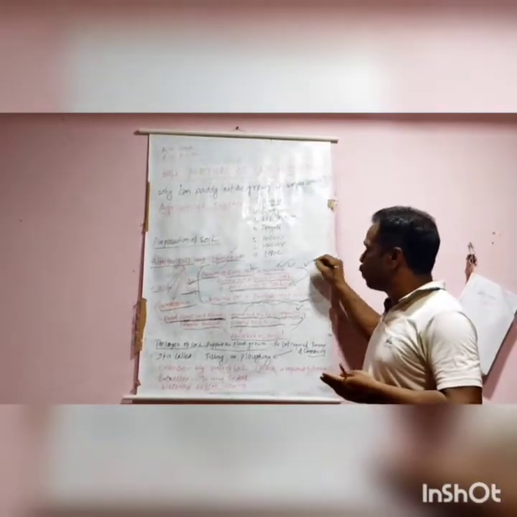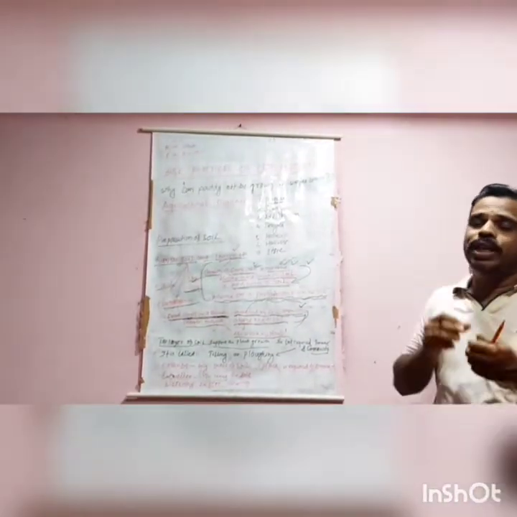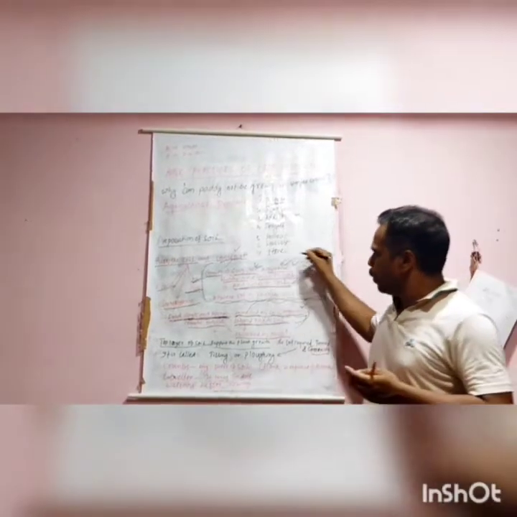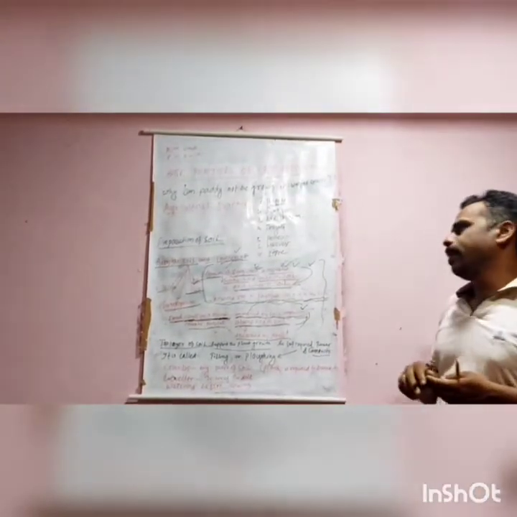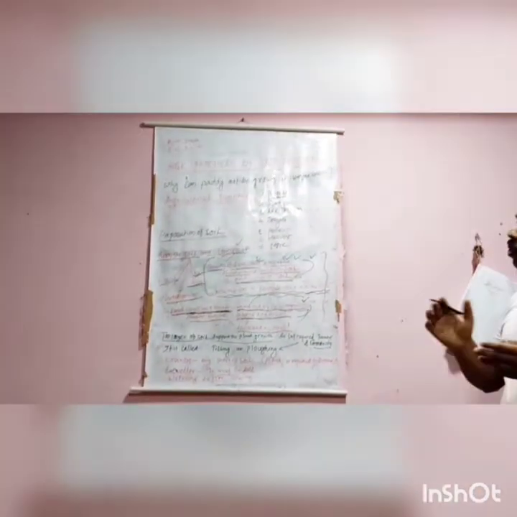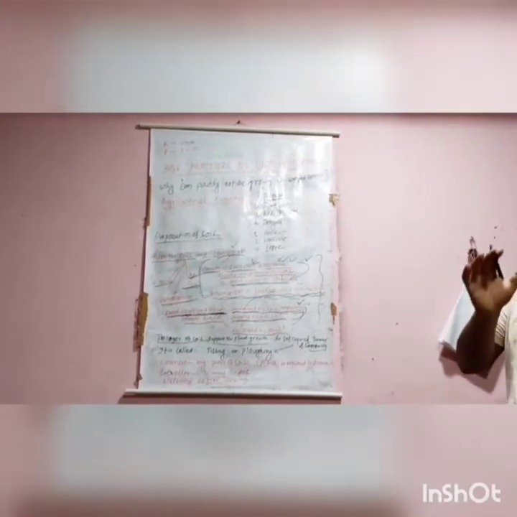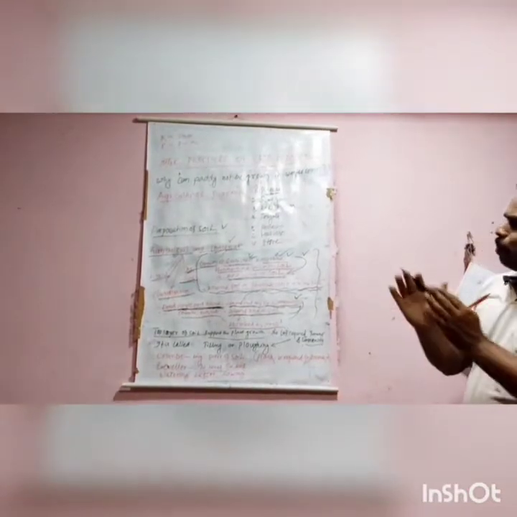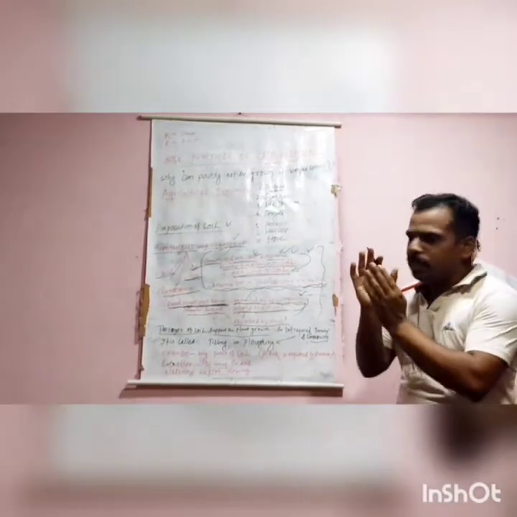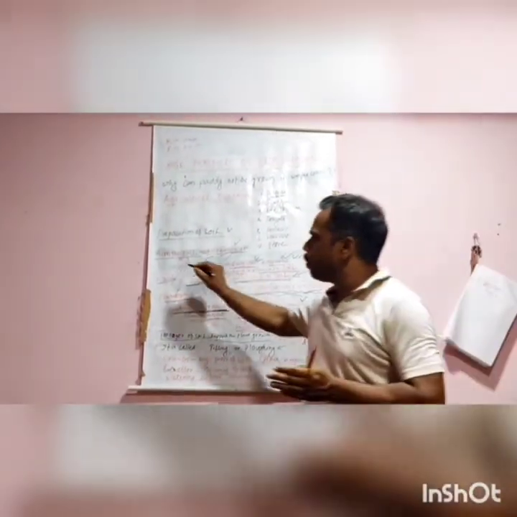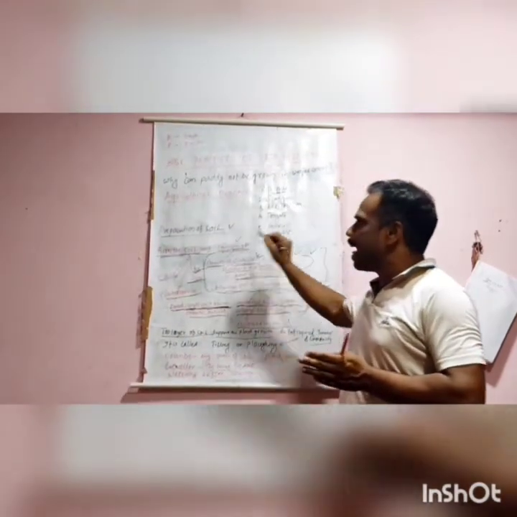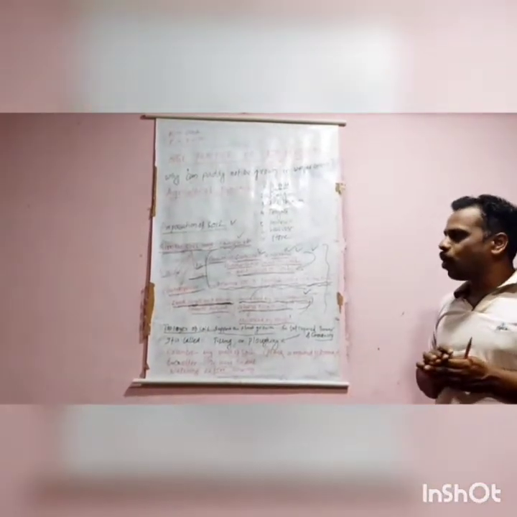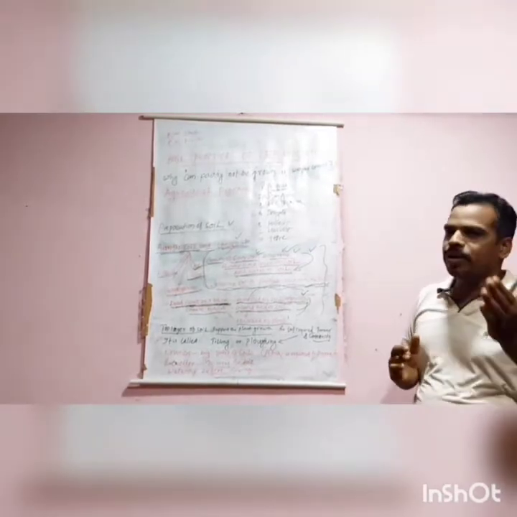So this is the preparation of soil, and these plants require more nutrients, so you should know these things very well. In the preparation of soil, the first and foremost task is to turn and loosen the soil.